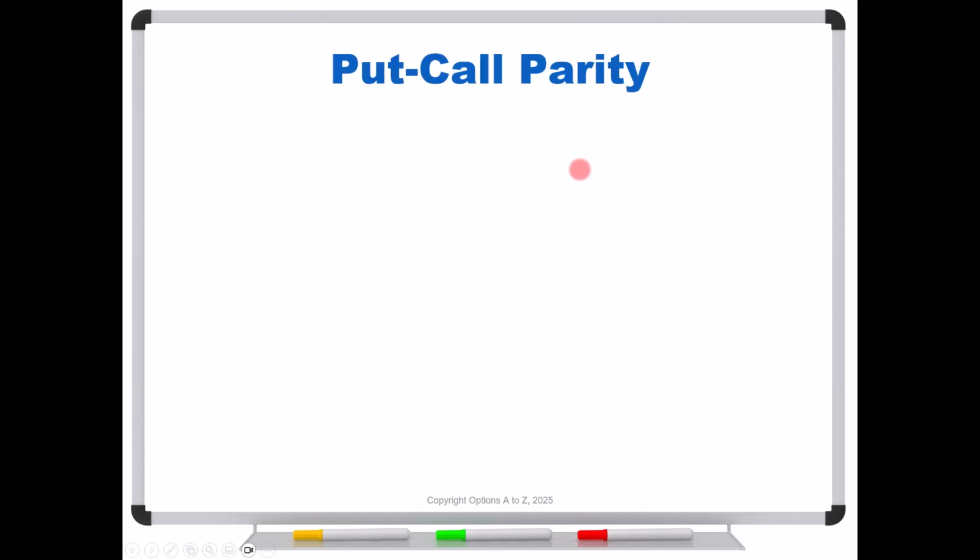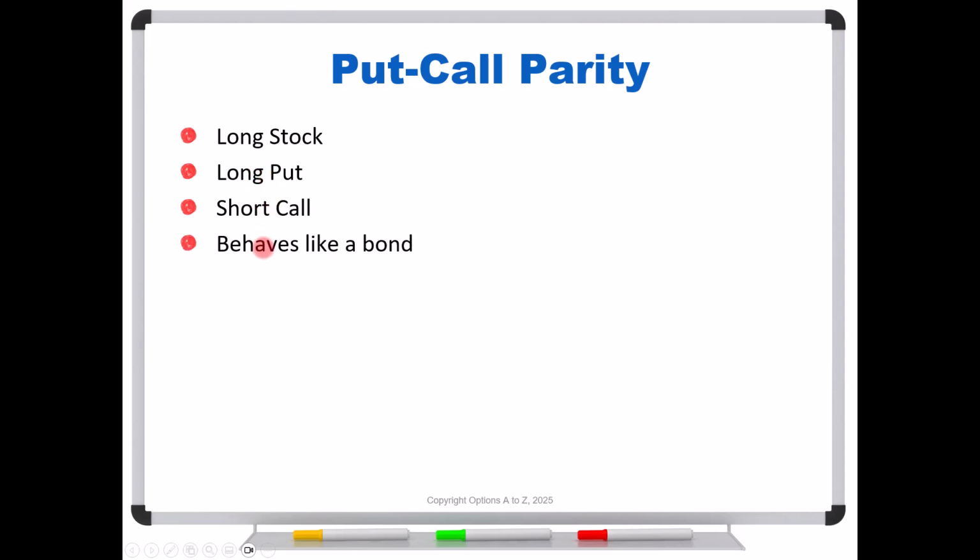So put-call parity, the formula is going to take long stock plus a long put plus a short call. Remember that the option strikes have to be the same, and it will behave just like a bond. And that's where the formula is coming from. Shares of stock plus a put plus a short call equals a T-bill.